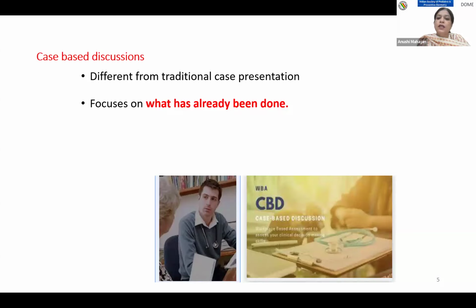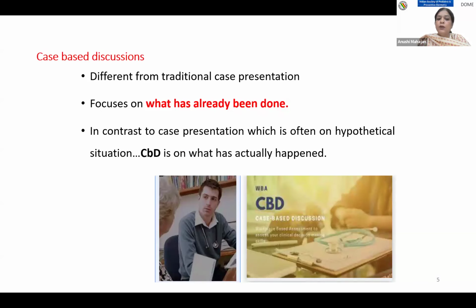For example, they take out the file of a patient who has been treated, the procedure is complete. Now they discuss the history and the treatment that was done, and present it. So case presentation is more of a hypothetical situation, whereas case-based discussion is about what actually happened and how the case was taken care of.